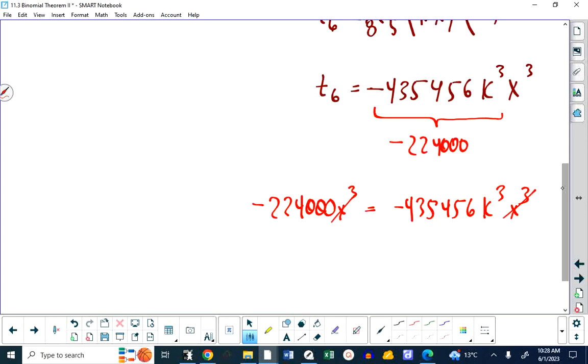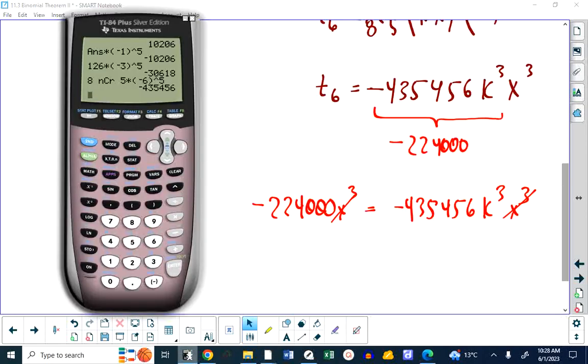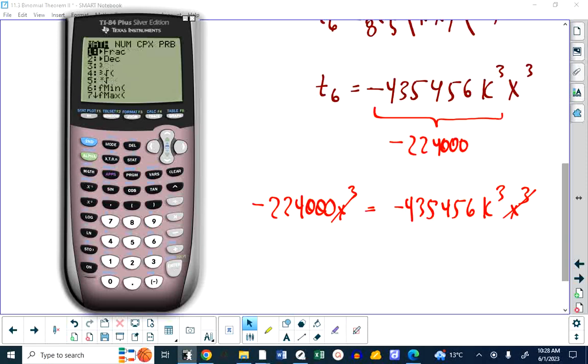We're dividing by x's, which I've told you in the past you shouldn't be doing, but we're not solving for x. So it's not like we're eliminating or creating non-permissible values or anything. I can now take 224,000 and divide by 435,456. As a fraction, it's that.